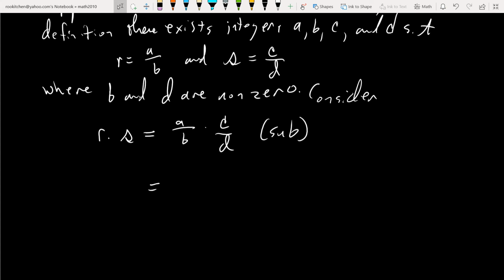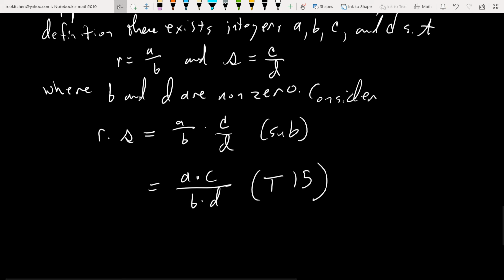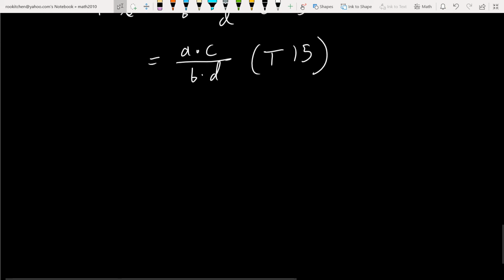Then we can multiply these out using the axioms in the back of the book. So that'll be a times c over b times d, and that's axiom T15. And then that just equals AC over BD.